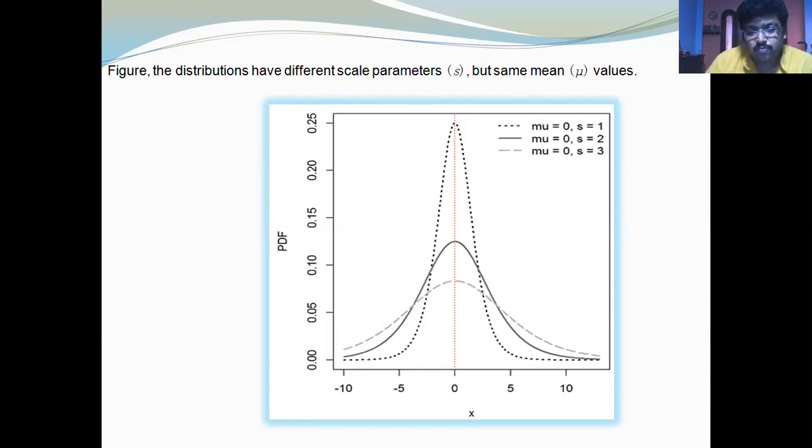If the badminton player serves with high velocity but less accuracy, then the curve will be skinnier.